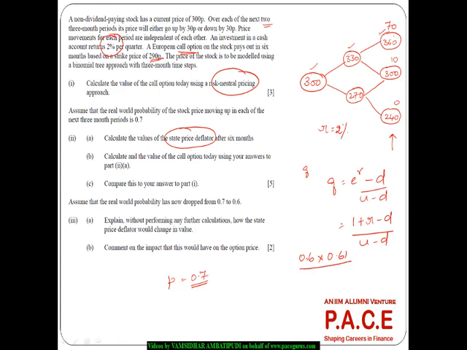I'm dividing it by 0.7 and 0.7 because I'm taking two upward movements there, and I'm also considering the interest in each of the cases. So this becomes my state price deflator if I am going through each of these nodes.